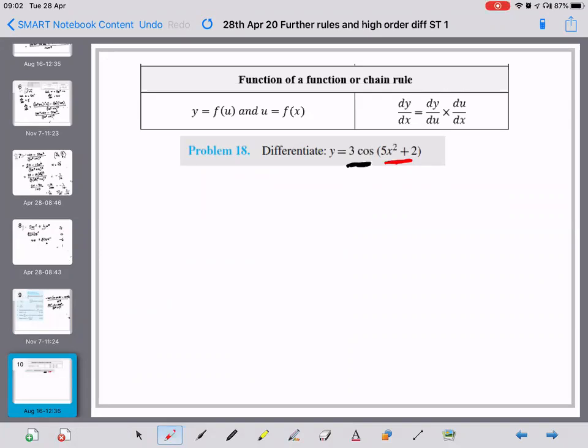So what we do here is we let u equal 5x squared plus 2.